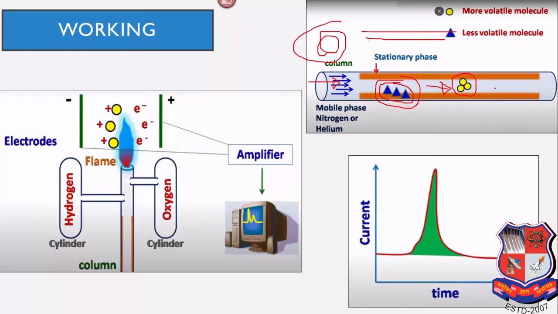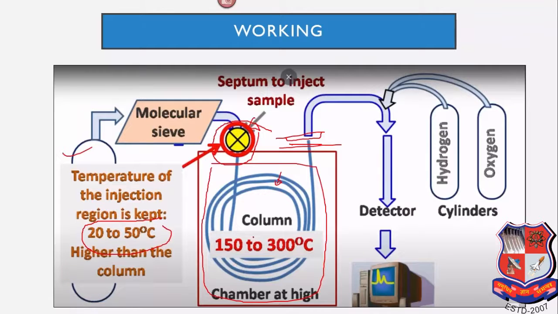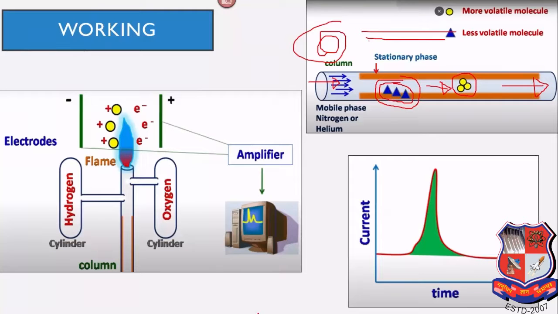At the end of this tube, we can see in the figure that this is my column end, and we get the volatile compound there. After that, we have to separate out the compound, so what does the detector do? We can see another figure for the actual idea.